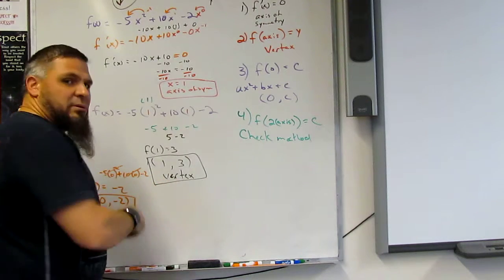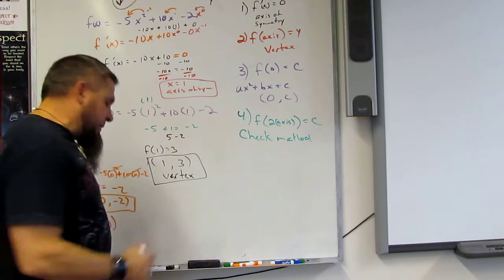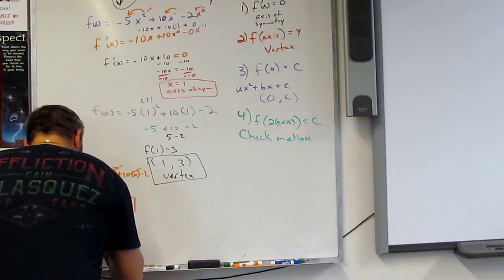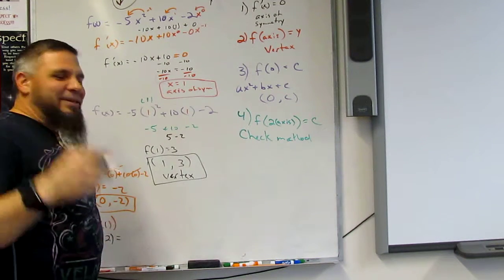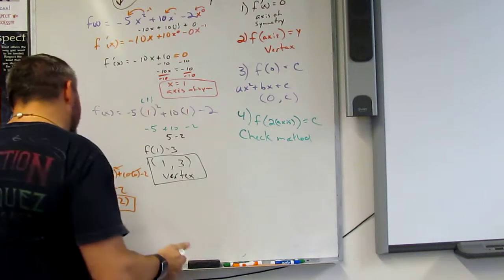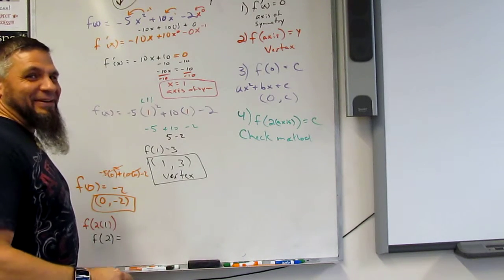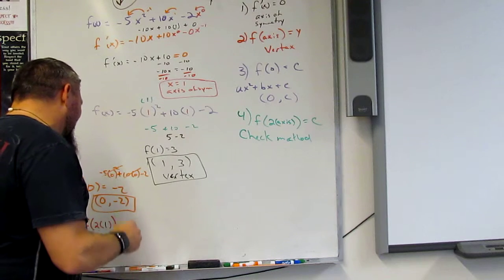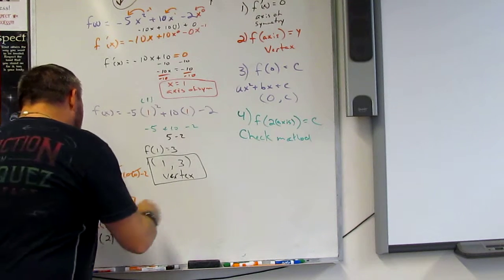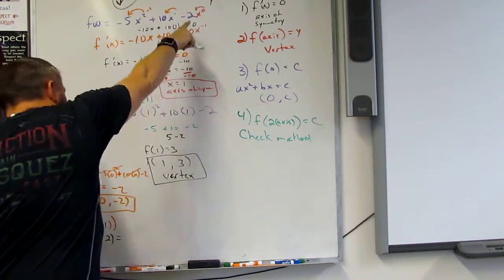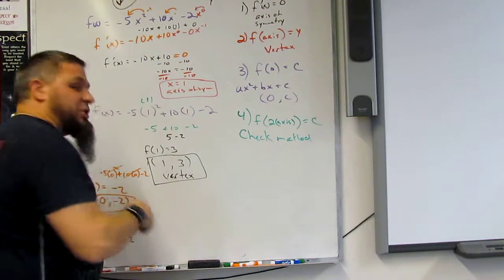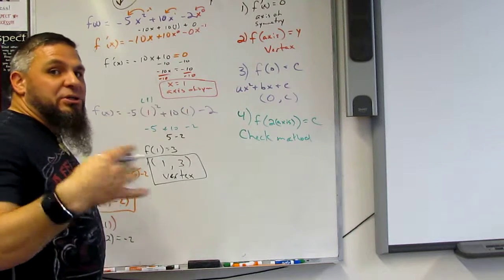So I have f of 2 is equal to, and it should equal negative 2 again, right? That's what it should equal. Now we want to make sure it does.